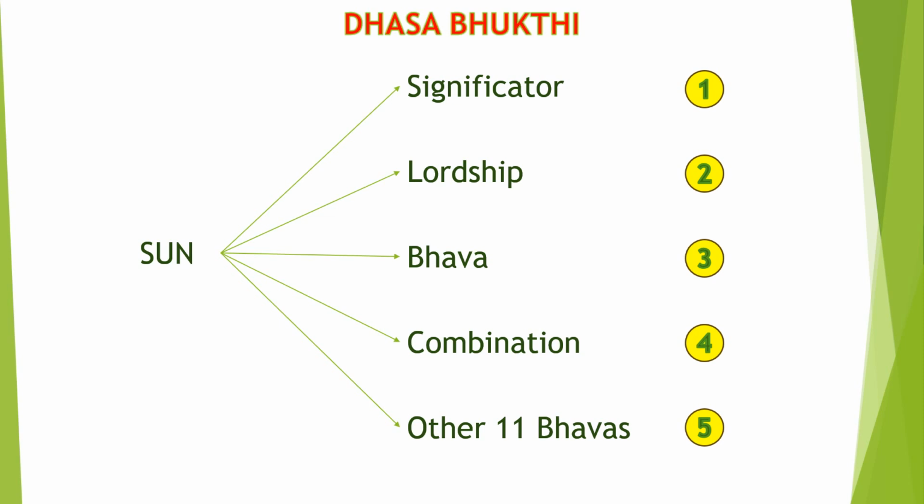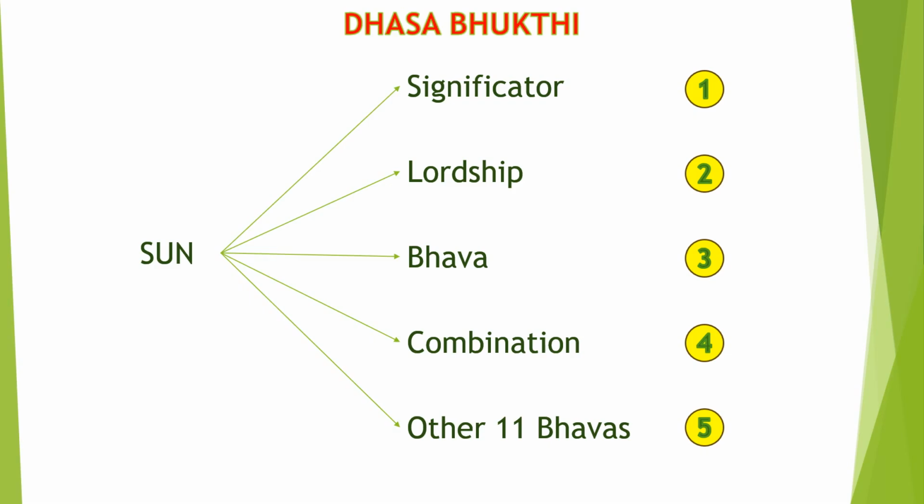That is, it will be giving disturbance to the father's health, or if it is his own, then he might not get a good relationship with the government or government related things.